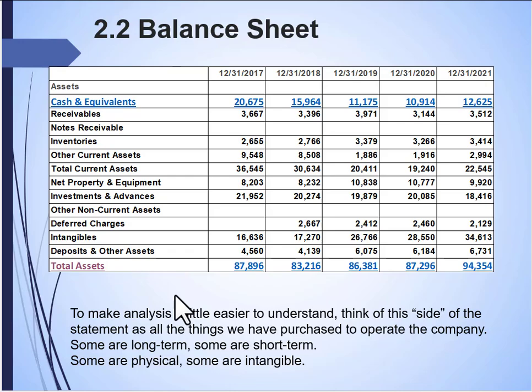Short-term by definition is 365 days or less, and some are long-term. Some are physical, you can touch them, and some of them are intangible. The general idea, though, is we show these and describe them in order of maturity, if you will. So cash is at the top. These long-term assets down here have a very long lifespan.